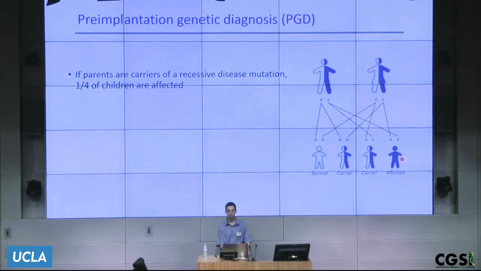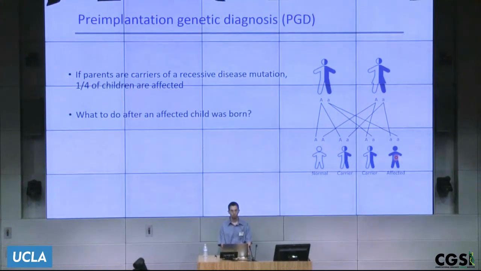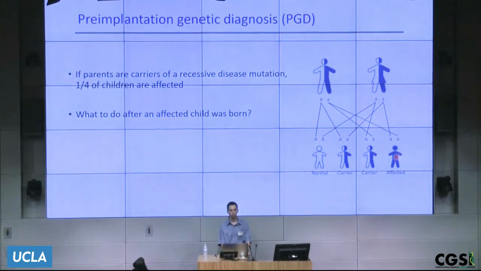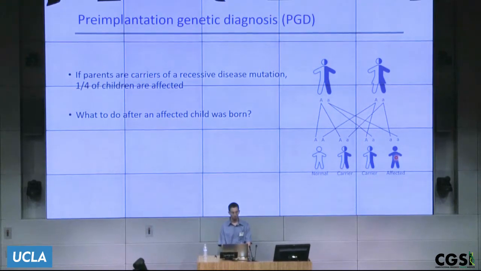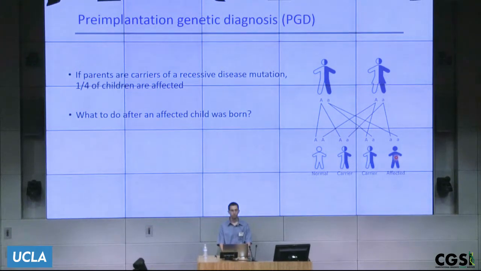So it will be those individuals who carry two copies of the small a allele, the deleterious allele. So this is well known. The question is what to do for a couple after an affected child was born, or maybe the carrier status was found in carrier screening, and so on. So one option is to just have another child and then cross fingers hoping that this child will not be affected. This is obviously not a great idea.